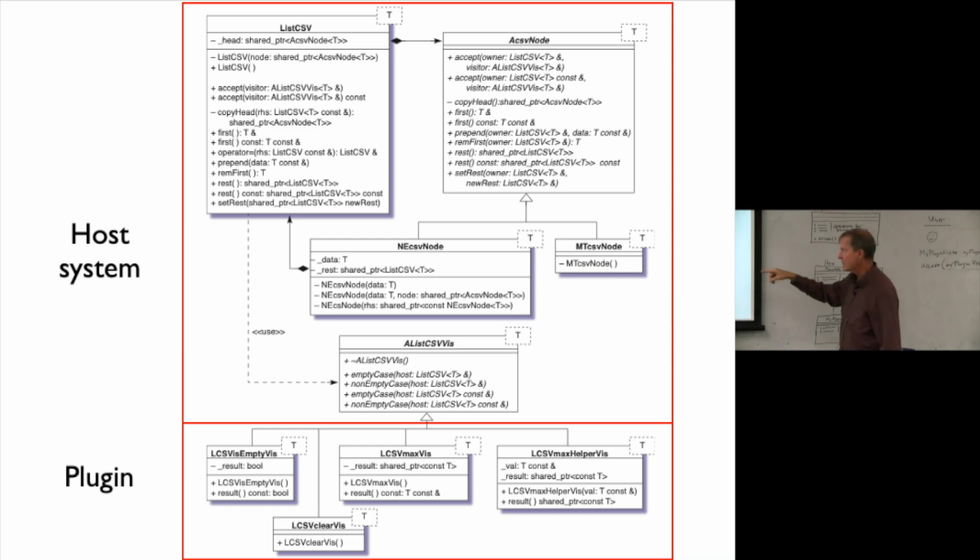Now, what do we have? We have empty case, non-empty case, and then a constant version of the empty case, and a constant version of the non-empty case. Are you with me? See? So all the plugin developer has to do is implement empty case and non-empty case. That's what the plugin developer has to do.